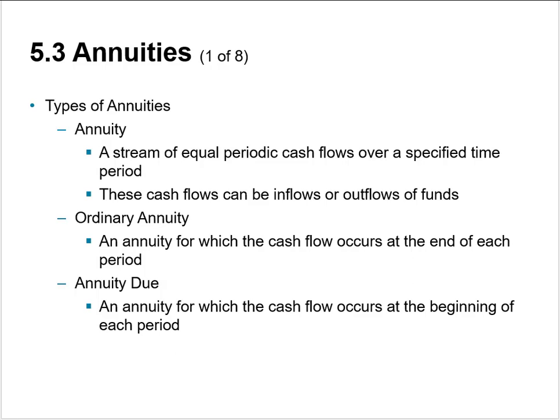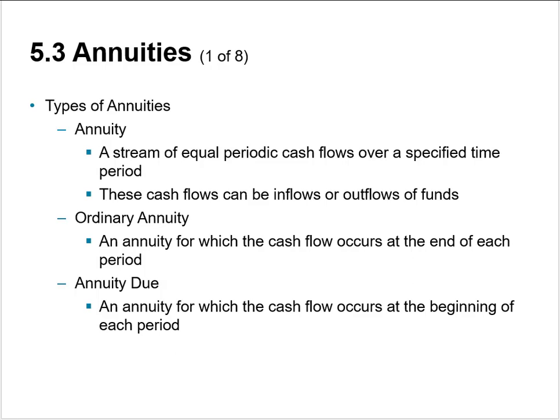Now, there are two different types of annuities. In a previous video, I talked a little bit about the concept of when cash flows happen. Financial calculators and Excel assume that cash flows occur at the end of the period. However, in reality, investments typically happen at the beginning of the period.